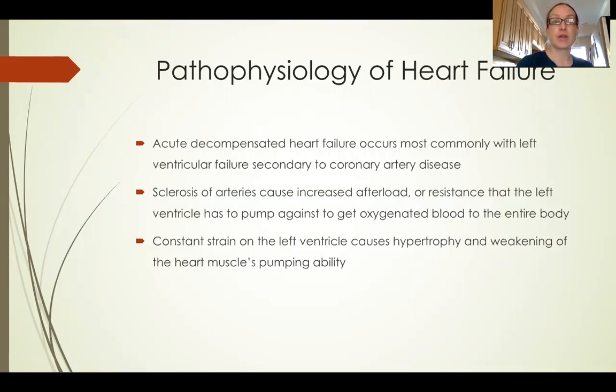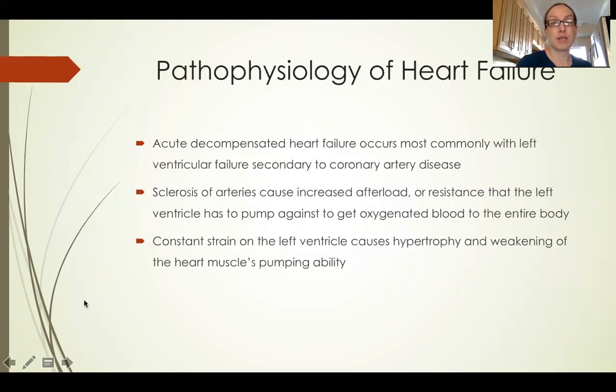Also, sclerosis of the arteries can cause increased afterload, which is also known as blood pressure. Basically, it's the resistance that the left ventricle has to pump against to get oxygenated blood to the rest of the body. Constant strain on the left ventricle causes hypertrophy or enlargement of the heart, the left side specifically, and weakening of the heart muscle's pumping ability.